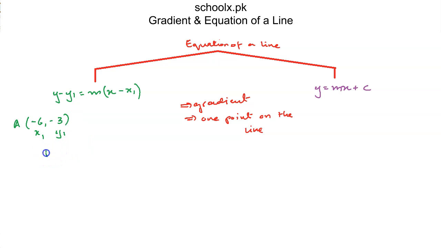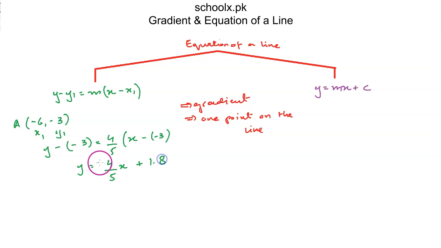So this will give us y minus negative 3. Our gradient of the line was 4 by 5, times x minus negative 3. If I solve this up, I'll get y equals 4 by 5 x plus 1 by 8.